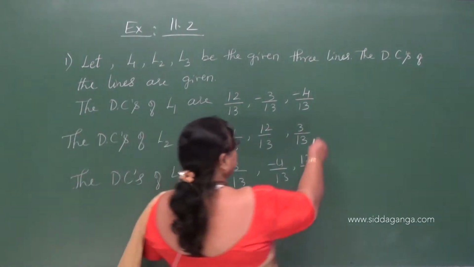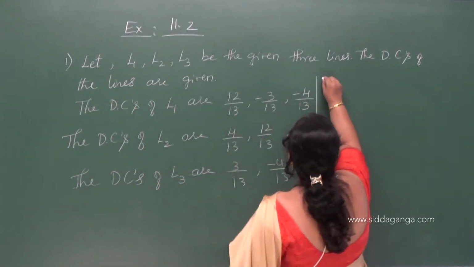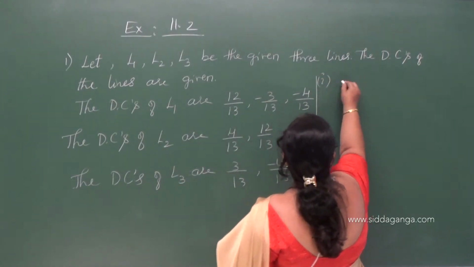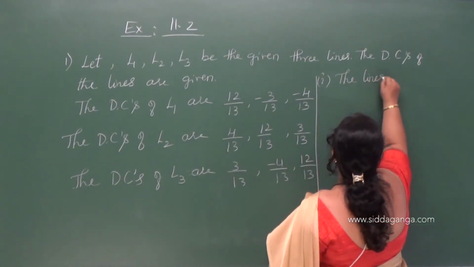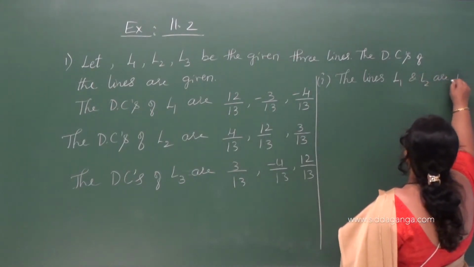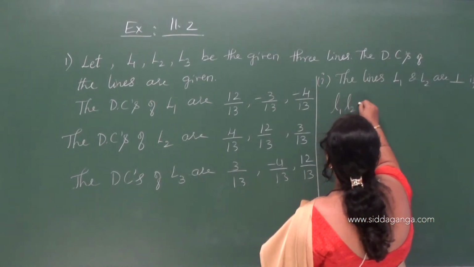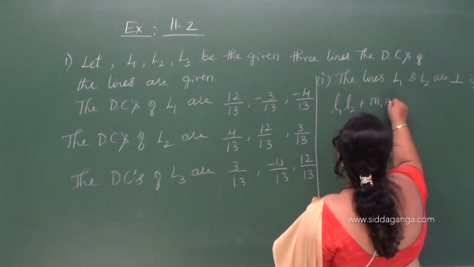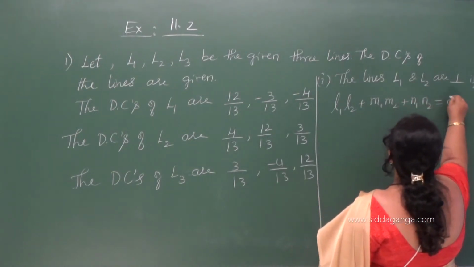So, first case, look: in the first one, the lines L1 and L2 are perpendicular if L1 L2 plus M1 M2 plus N1 N2 equal to 0.